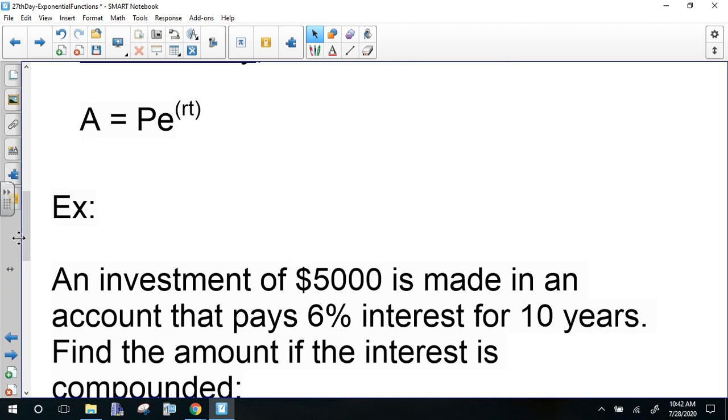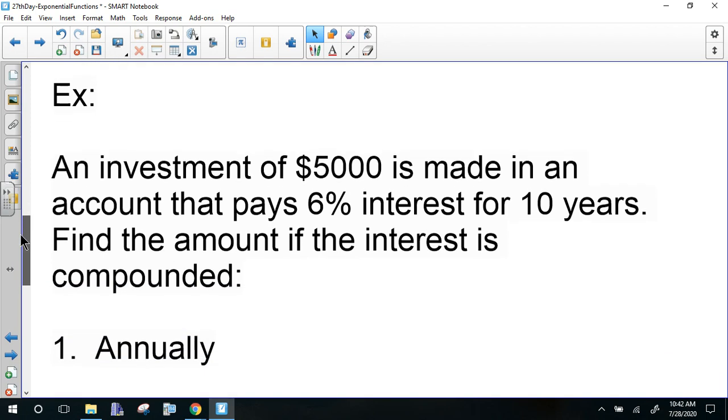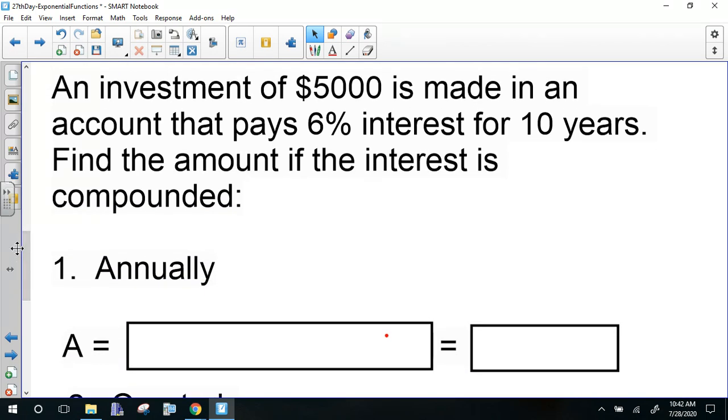So let's look at an example. We have an investment of $5,000, and it's made on an account that pays 6% for 10 years. We want to find the amount if the interest is compounded annually.